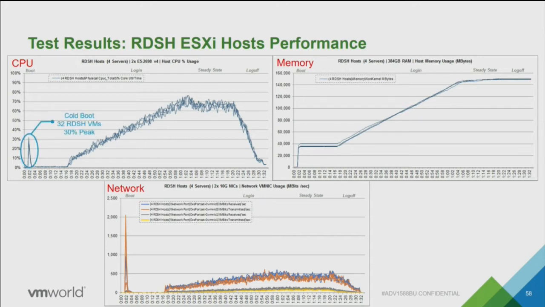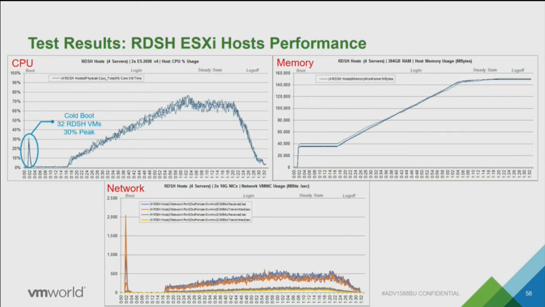Also, if you look at the callouts, I don't know how easy that is to see, but you'll notice that I put callouts for each area of the test phases. So you have the boot, where I do basically like a boot storm, right?